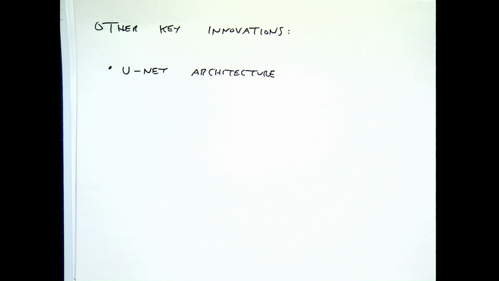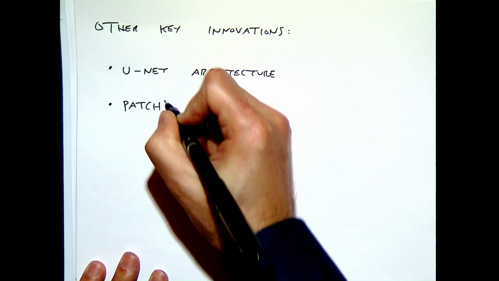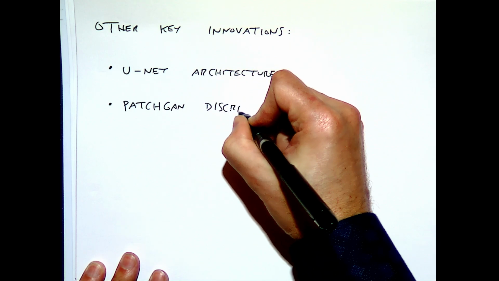I'm going to defer discussion of what this means until later, but it's basically a slightly different architecture. One thing I will mention in passing is that they also use what's called a PatchGAN discriminator.